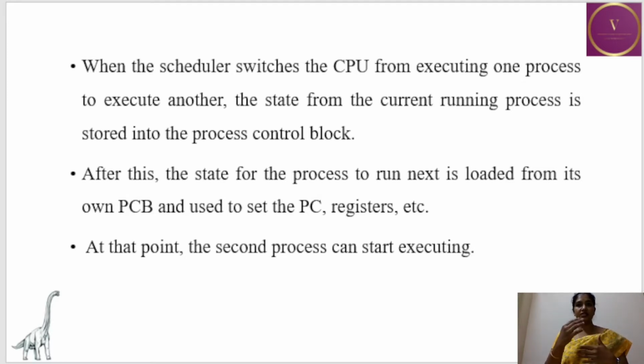After this, the state of the process to run next is loaded from its own PCB. So the state of process 2 is loaded from PCB 2 and it is executed by the CPU. That is, the state is loaded from its own PCB and used to set the PC register, etc. And at that point, the second process can start executing.